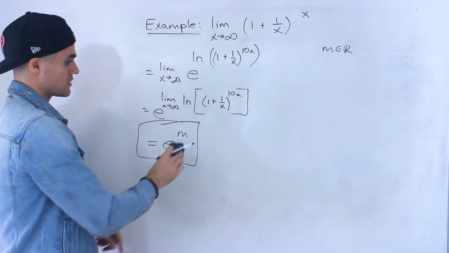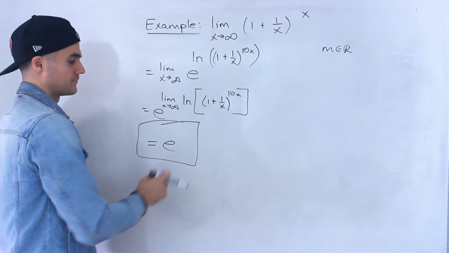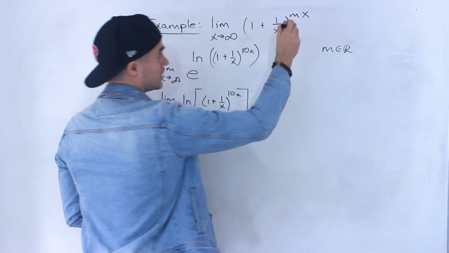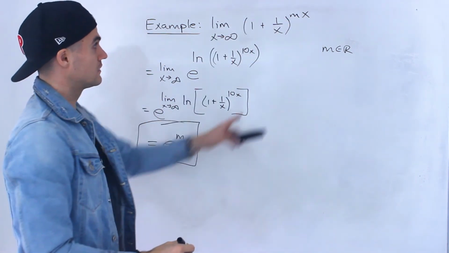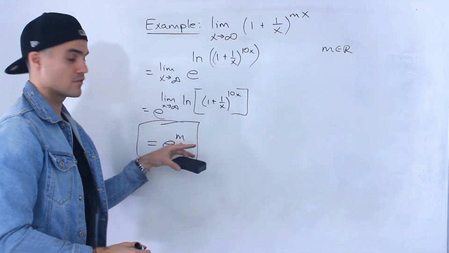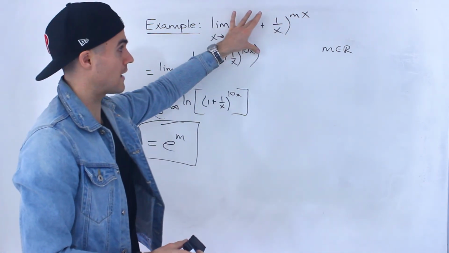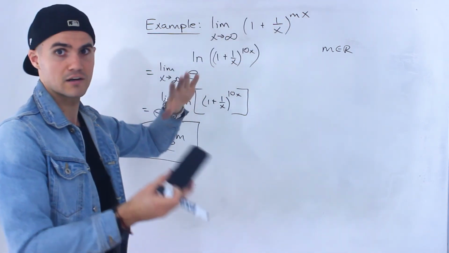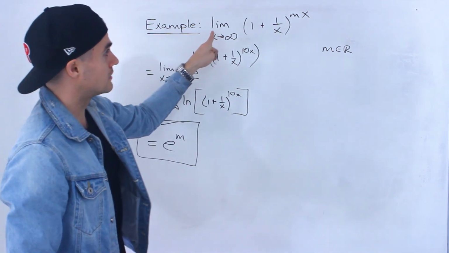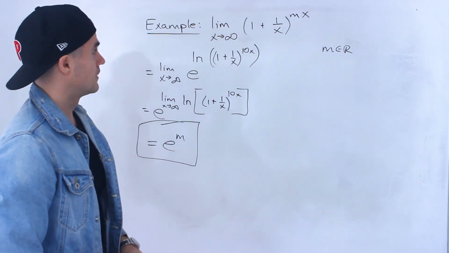And so the final result of that would just be e to the power of 1, which is just e. Okay, so whichever limit you're given, whatever m value that is, you'd end up with e to the power of that m value. Just make sure it's in this exact format. It's not always going to be. There are so many different types of limits that you can get, but a lot of times this is a popular limit that comes up, right?